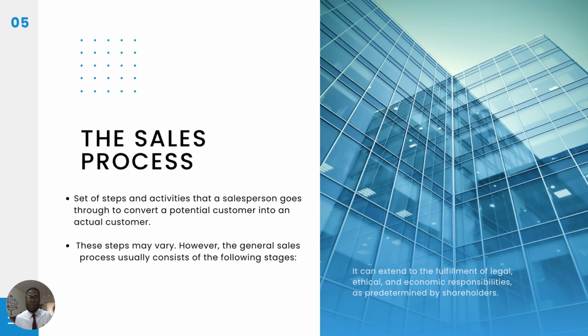And by industry, I mean whether you're in finance or other service areas, and even distribution and so forth, that would involve sales. However, the general process usually consists of the following steps. And these steps are the chronology of steps that, in a sense, makes up the sales process.